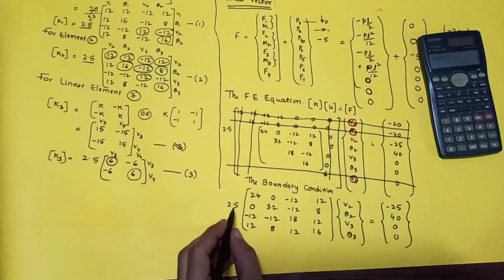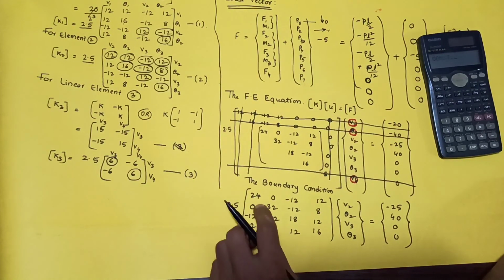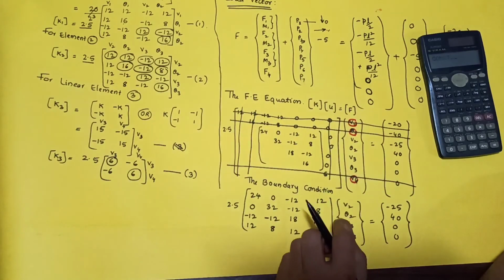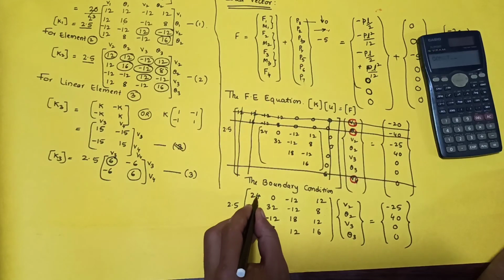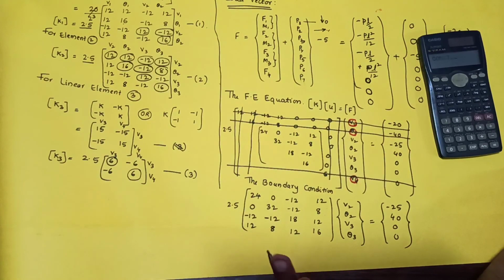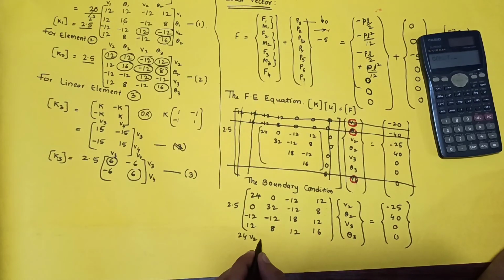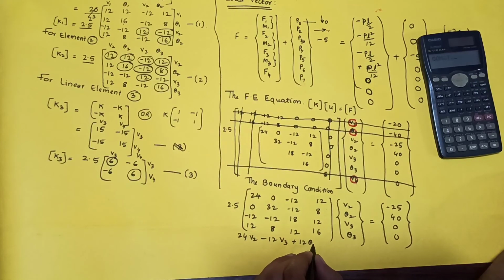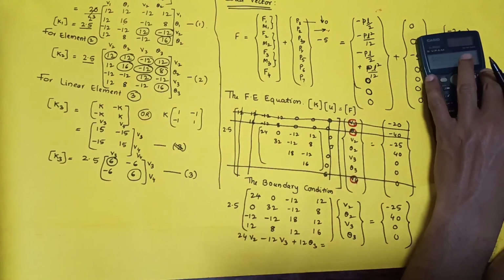Now you make this into four equations, four unknowns, then find out the unknown values. How do you make it? I will tell you only one equation. 24 V2, 0 into theta 2, that is 0, again minus 12 into V3, 12 into theta 3, plus 12 into theta 3 is equal to minus 25 by 2.5.